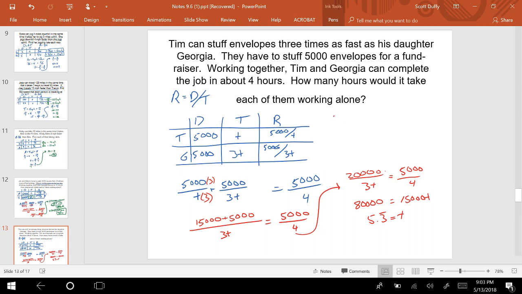So Tim equals 5.3 repeating hours alone. Georgia equals 3 times that, which is 16 hours.